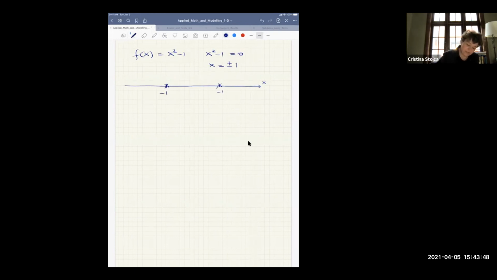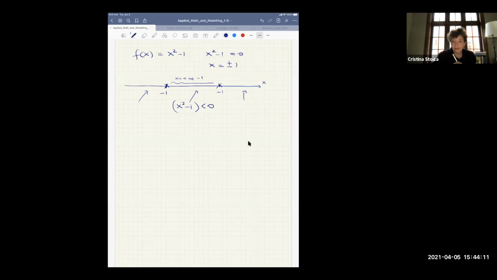And then the rest is the same sign of x squared minus 1 in each of these intervals, right? So for instance, if we pick an x in here, let's say we choose x equals 0, we get -1. So in here, x squared minus 1 overall will be negative.